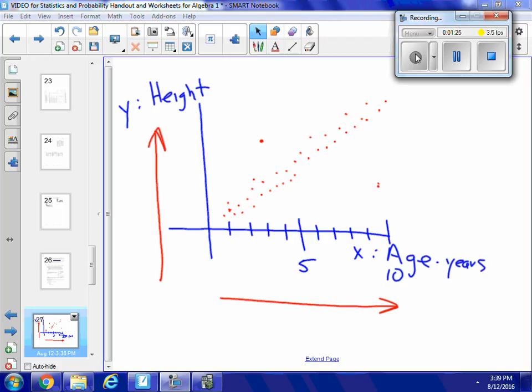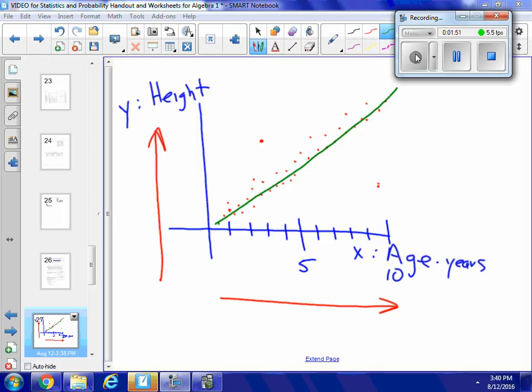And once we get the data points there, we are trying to visualize a line that comes closest to most of the data points. It doesn't have to hit every data point. In fact, it's almost impossible for it to hit every data point. We're just trying to find the line that is closest to as many of the data points as possible.